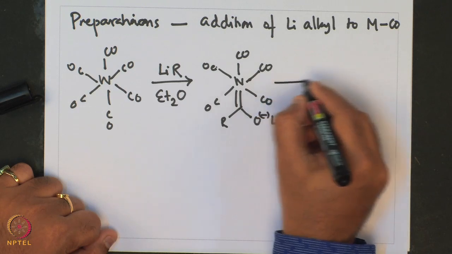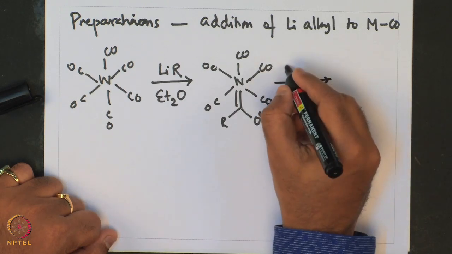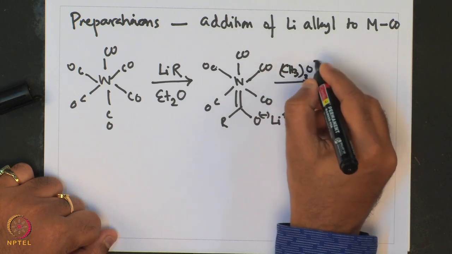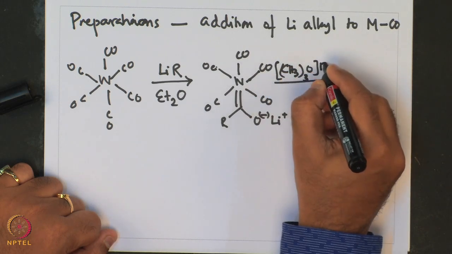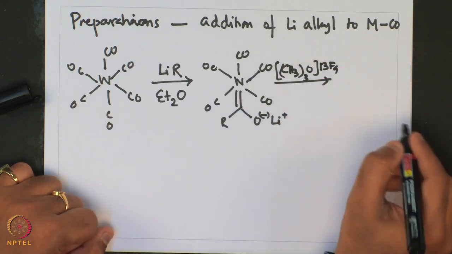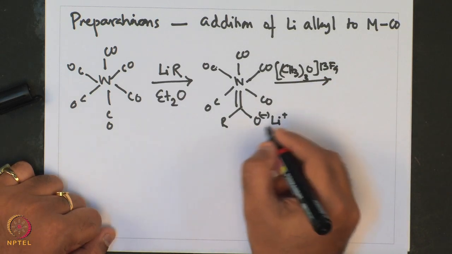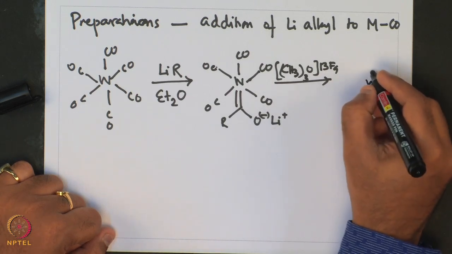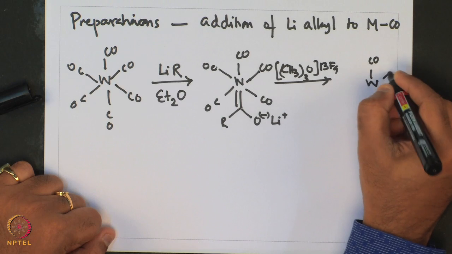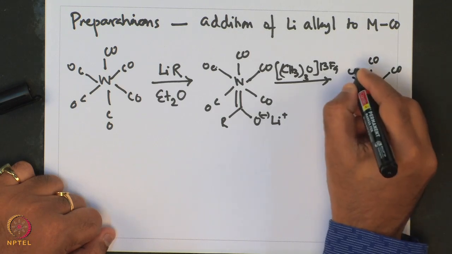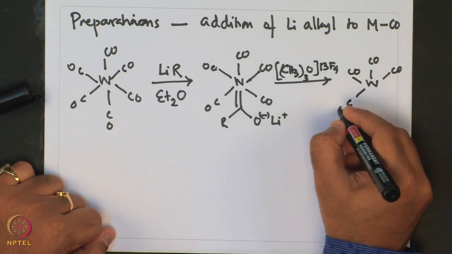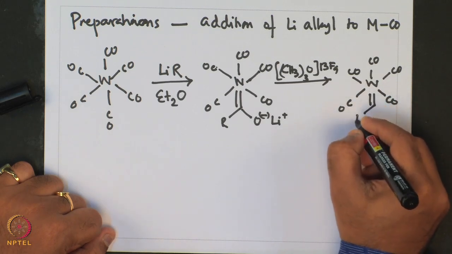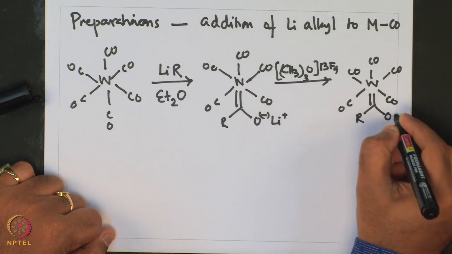Which when treated with CH3 O3O BF4, this is a reagent that produces methyl cation to alkylate this oxygen, gave the following carbene compound.